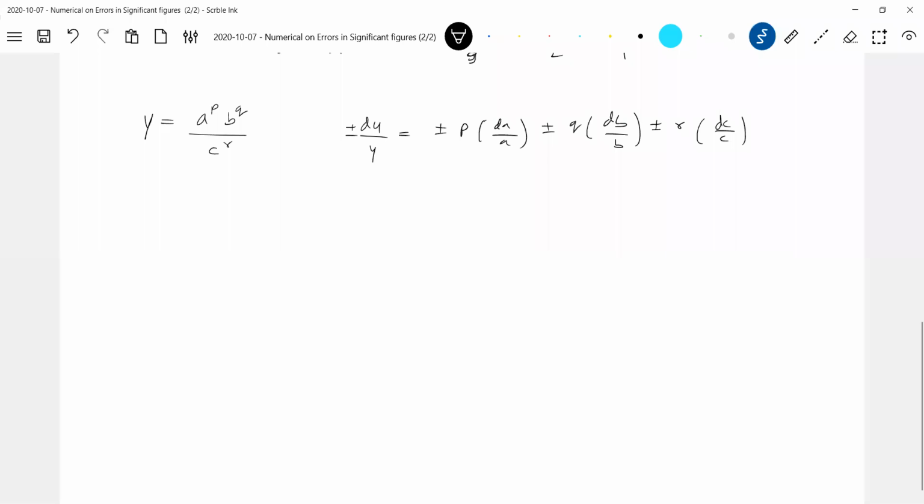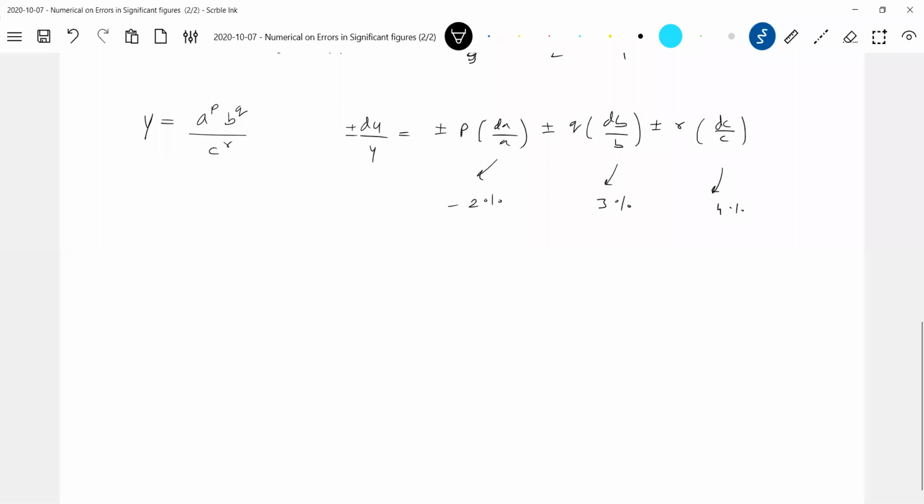Now, if the relative error dA by a is, say, minus 2%, this I'll say plus 3%, and this let me say 4%. Then what is the relative error in y? You are going to write plus or minus 2p%, 3q% and 4r%.